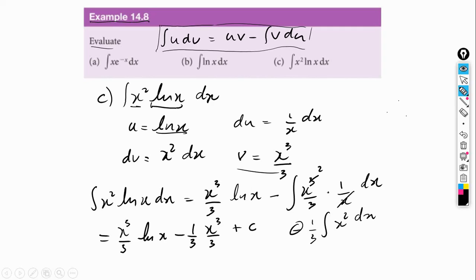Okay, and then finally we get x cubed over 3 natural logarithm of x, minus x cubed over 9, plus c. We could have also factored out x cubed over 3, but in this case I didn't do it.